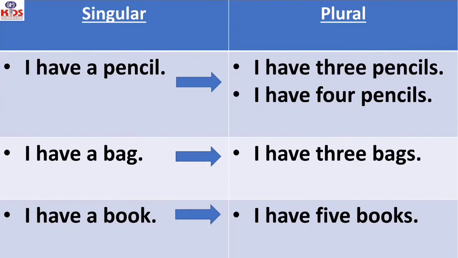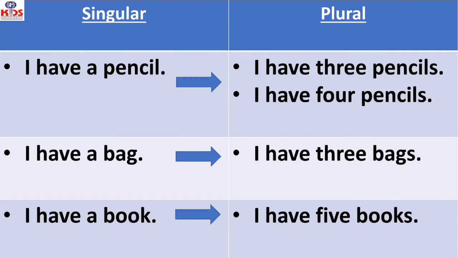Now let's look at the following sentences. If we have one countable noun, we say, I have a pencil. But if we have more than one, then we say, I have 3 pencils or I have 4 pencils. In the same way, if we have one bag, we say, I have a bag.